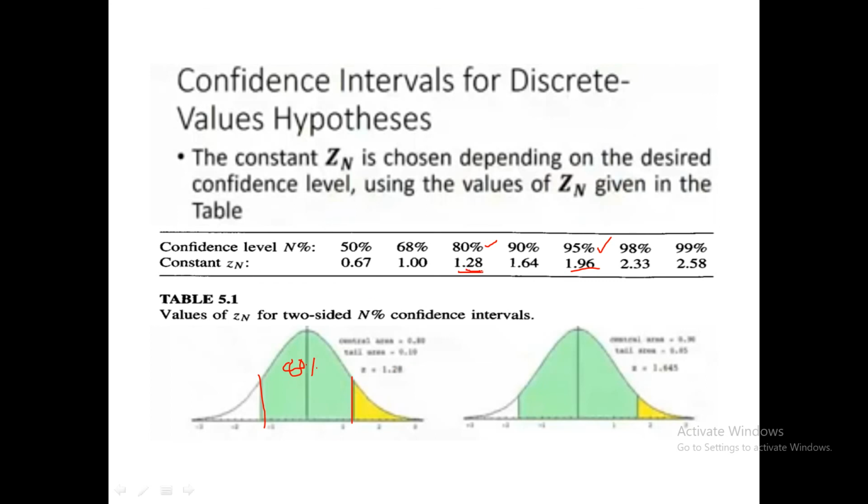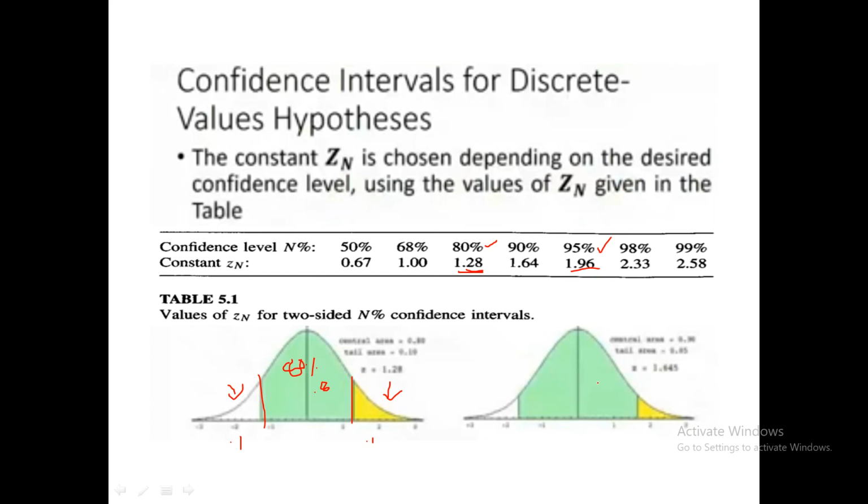Z value is 1.28. Now this portion we call the tail region. When you are taking 80%, it means 0.8, so this is where your region covers. So 0.1 and 0.1, and when you add up, this becomes your 100%.